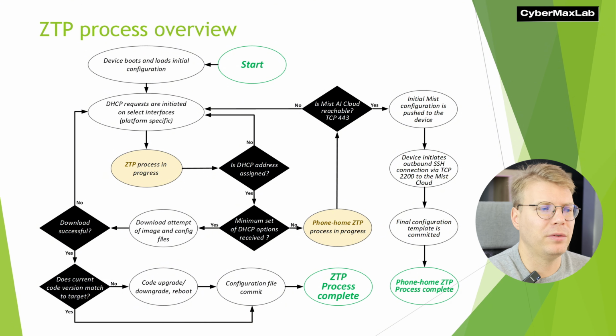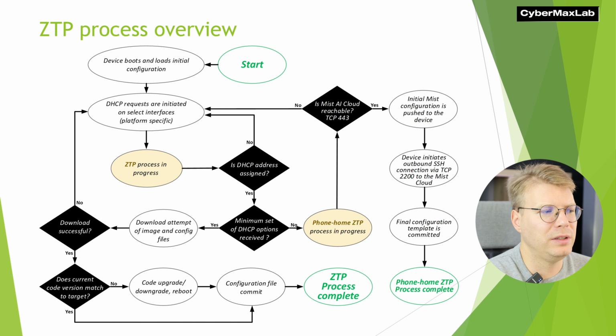So you must at least provide information how to reach the repository, the IP address of the repository, protocol, and custom port if you have used custom. And also you need to provide either configuration path, if you just would like to use configuration only without touching code, or code image only if you would like to do just the upgrade without configuration, or both if you would like to do both.